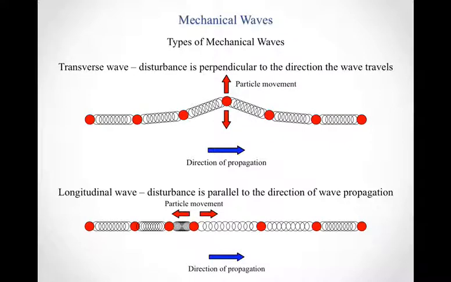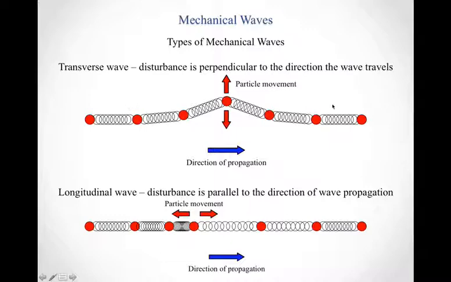Once we've got mechanical waves, we can break those up into various types based on the direction of the disturbance relative to the direction of travel. In this case, you'll notice that both of these waves are traveling to the right. But this first one is known as a transverse wave because as the wave travels to the right, the particles move up and down. This is what that initial image was showing, a particle bouncing up and down while the wave moved from left to right.